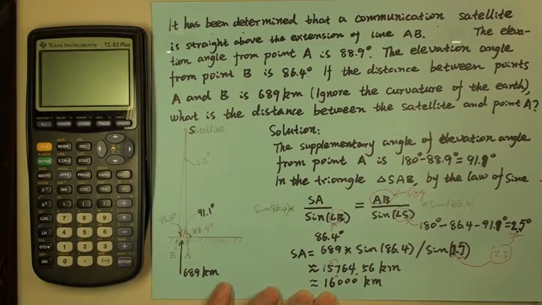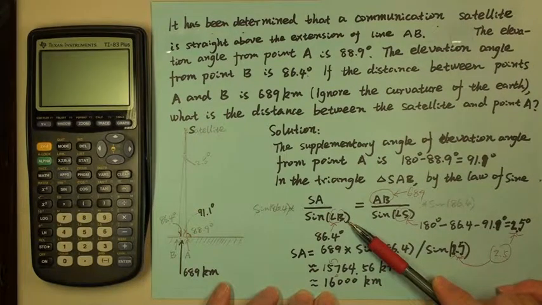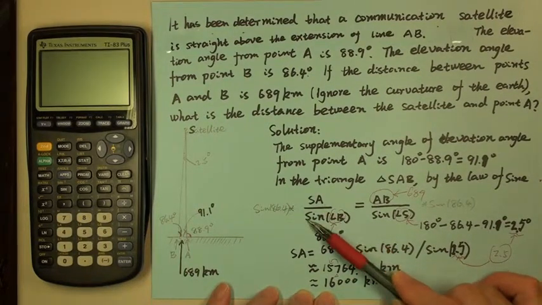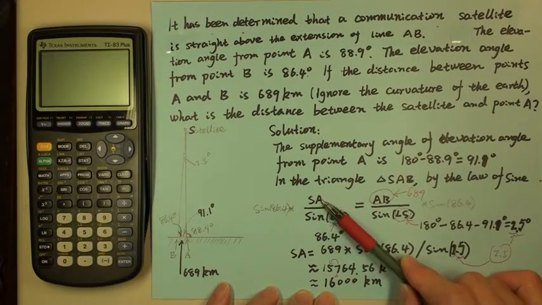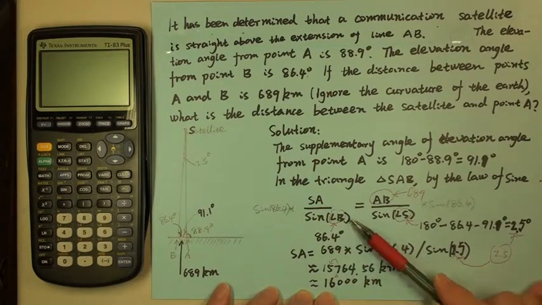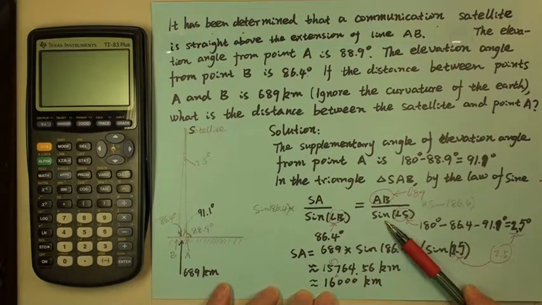There are two things I want to point out. In the law of sine, you see the sine is the numerator and the side length is the denominator. And here I wrote it in a different way.